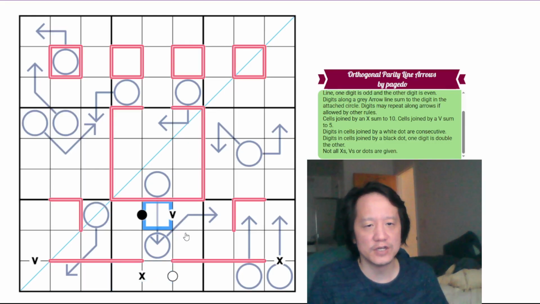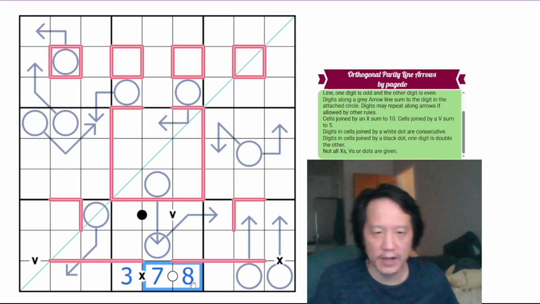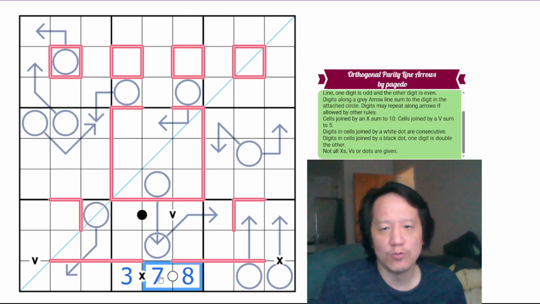If this were, say, a 2, this would have to be a 1 or a 4 to maintain the 1 to 2 ratio, and this would have to be a 3 to add up to 5, because these two digits must add up to 5. Similarly, if this was 3 and 7, this would have to be 6 or 8, because these digits must be consecutive, because they're joined by a white dot.